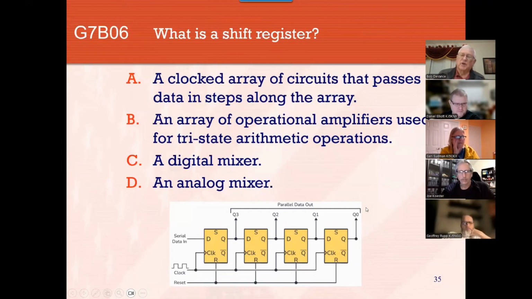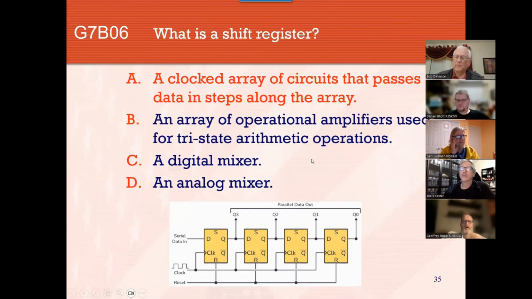So it's called a shift register because it's shifting a bit from one flip-flop to the other based on the clock input down at the bottom. So the answer turns out to be a clocked array of circuits that passes data in steps along the array. The circuits are flip-flops. Not that that matters, but that's how it works.